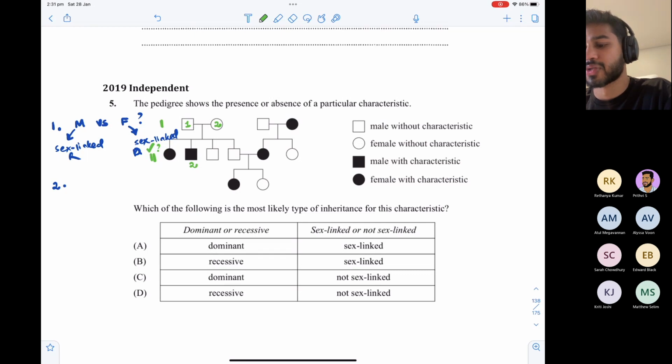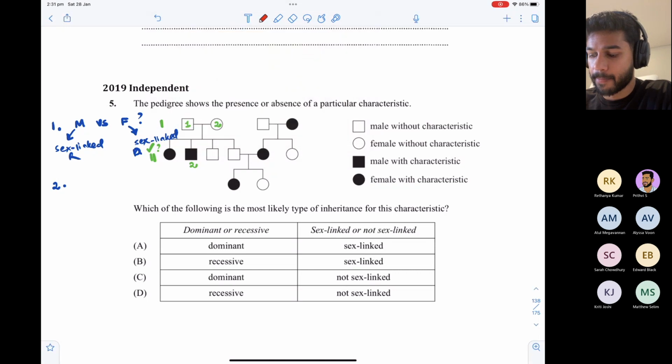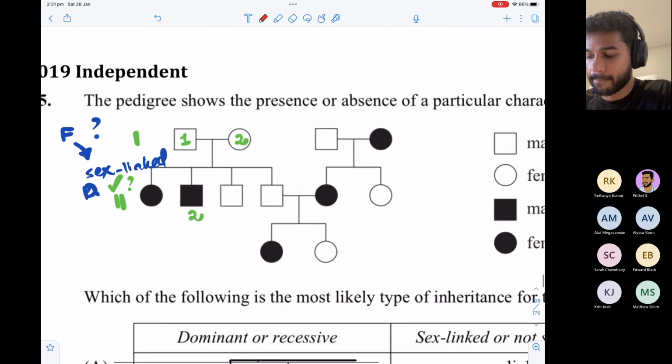When would you see in autosomal inheritance that two healthy parents would produce a diseased child, or a child with a completely different characteristic to either parent? Doesn't it have to be recessive? Good, when it's recessive, yeah.